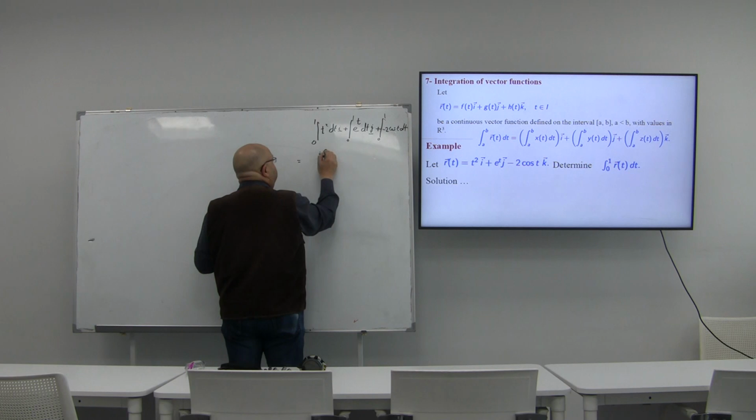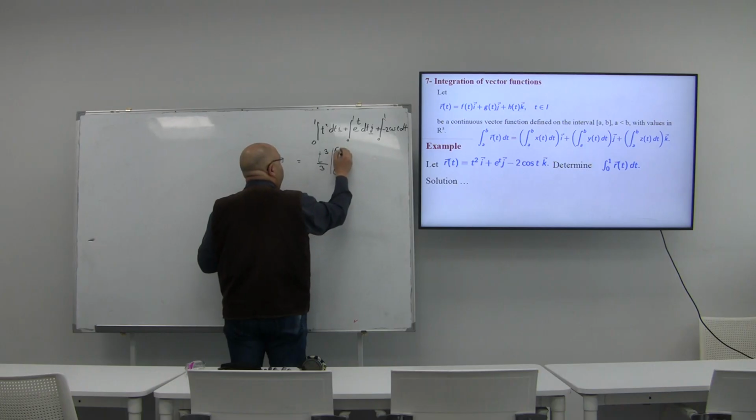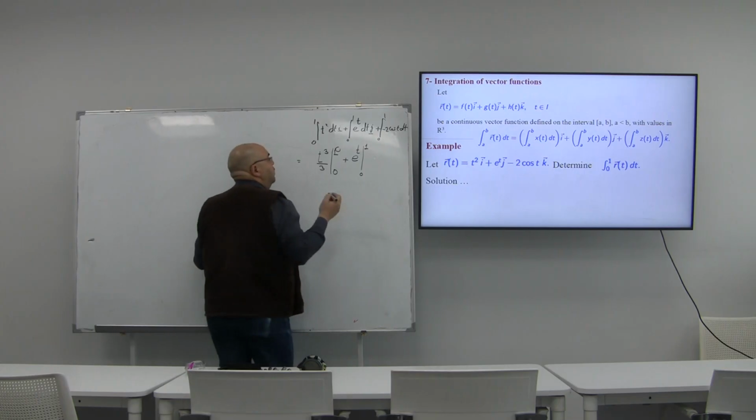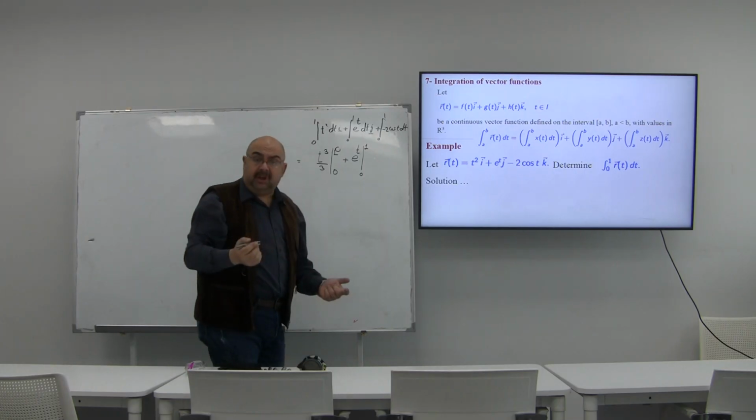So all I have to do now is integrate t squared. It's going to be t cubed over 3, and then I will substitute by 0 and 1. For the second one, which is e to the t, integrating gives e to the power of t, as you know from the exponential functions, then substituting from 0 to 1. The final one is negative 2 cosine t.